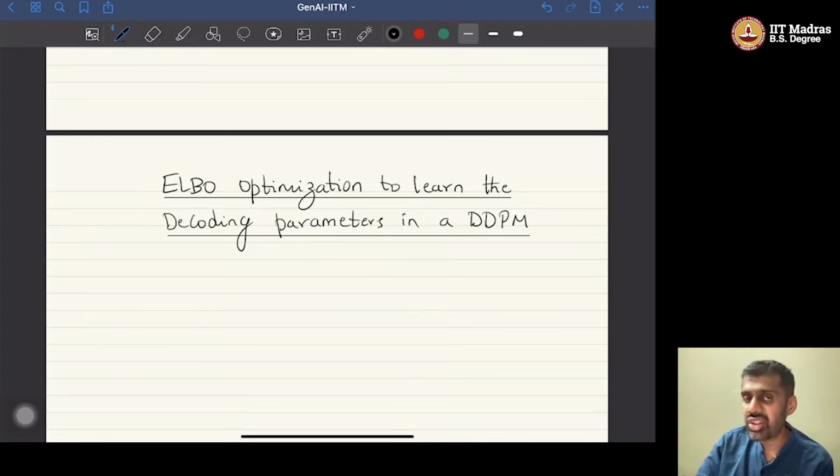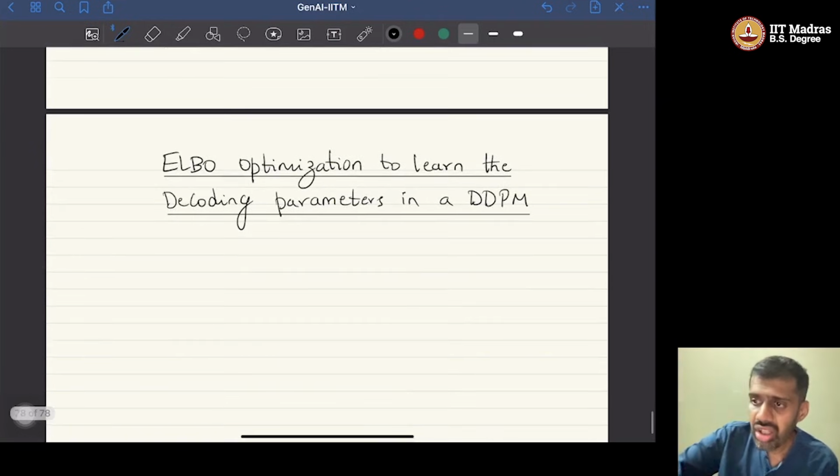So we know that they are all Gaussian transitions, but we don't know what their parameters are. Given that we have data, we'll have to use the model definitions and the usual ELBO optimization that we have seen so far to obtain the decoding parameters. So that is the story so far. Okay, so what is ELBO optimization?